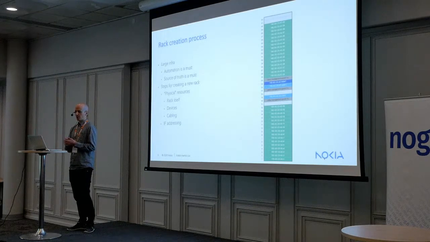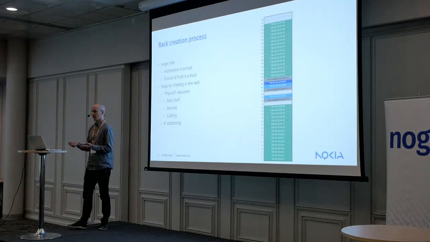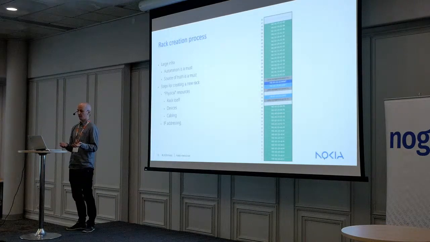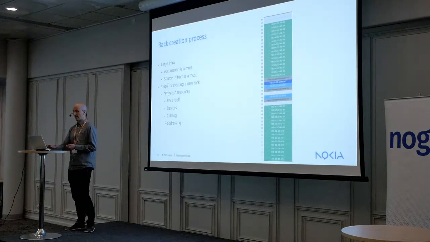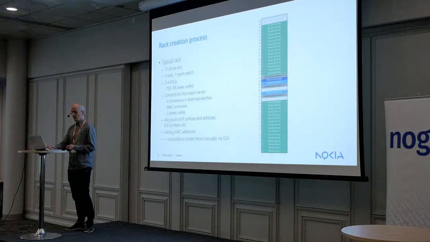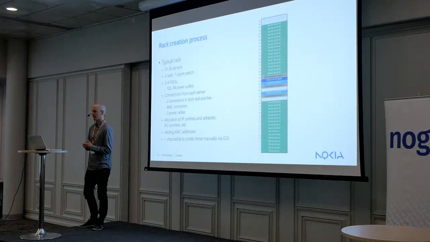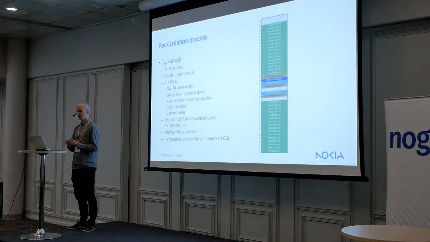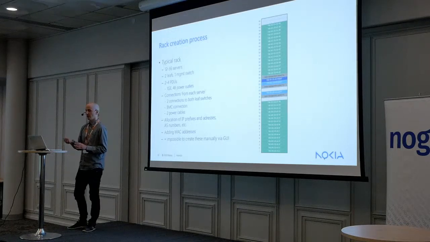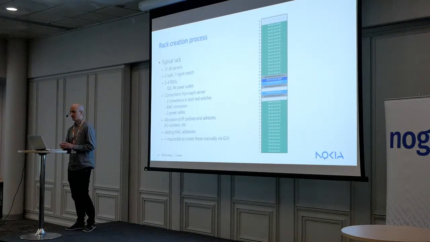So in a case where we add a new rack, we of course need to document the rack to NetBox. We need to create the devices, and we need to create the cabling into NetBox, and also assign some IP addresses. And if we think about the typical rack, it consists of servers, PDUs, interface and power connections, IP prefixes and addresses.